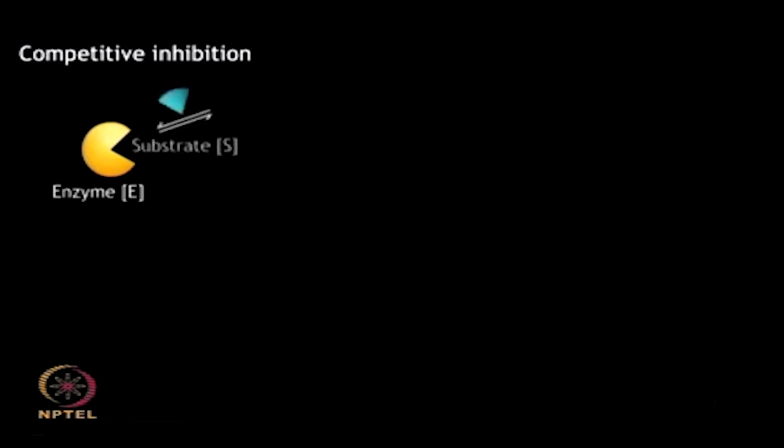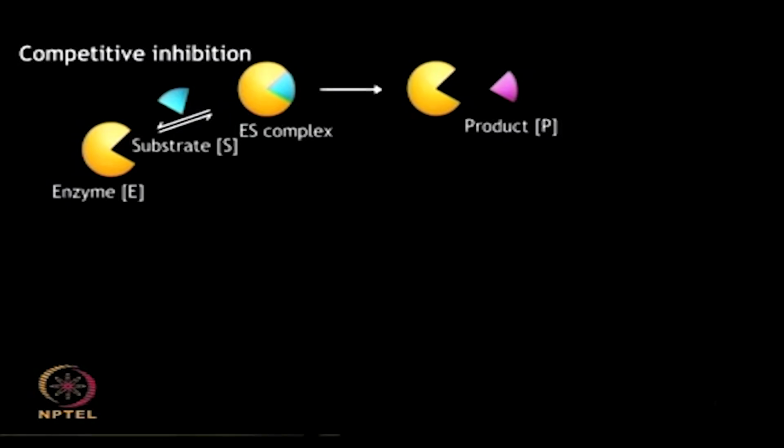In competitive inhibition, the inhibitor molecule is structurally similar to the substrate and therefore binds to the enzyme at the active site. Binding of the inhibitor prevents the substrate from binding, thereby decreasing the reaction rate.